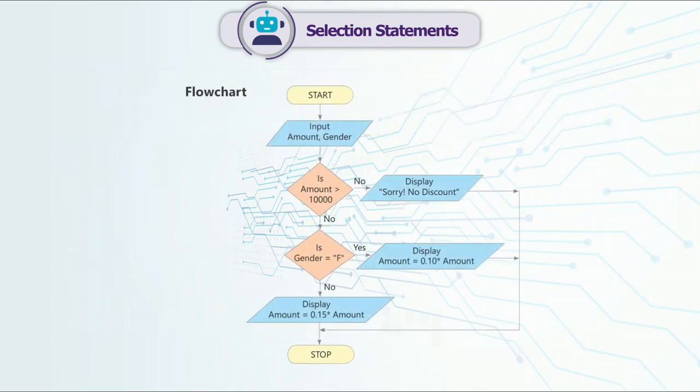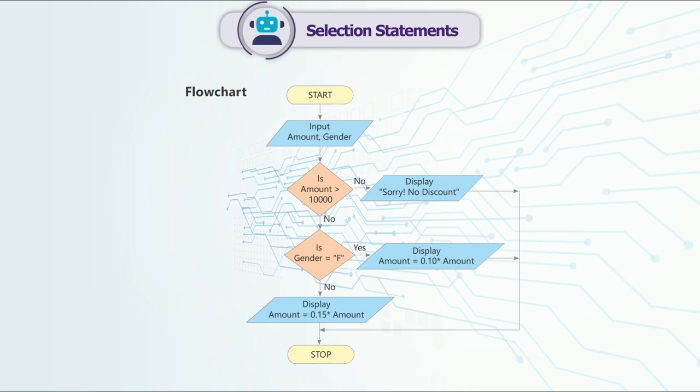Stop. Flowchart. Start. Input amount, gender. Is amount greater than 10,000? No. Display sorry, no discount. If yes, is gender F, female? Yes. Display amount is equal to 0.15 multiplied amount.